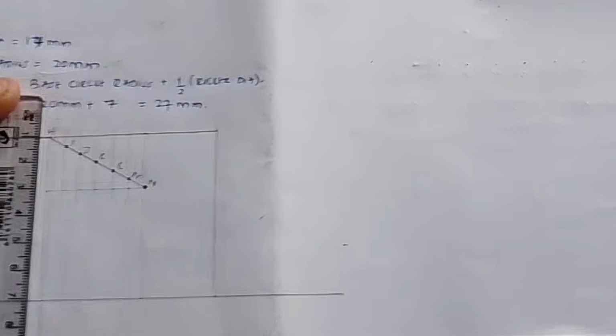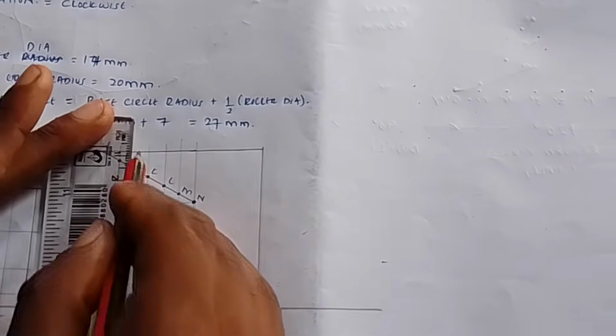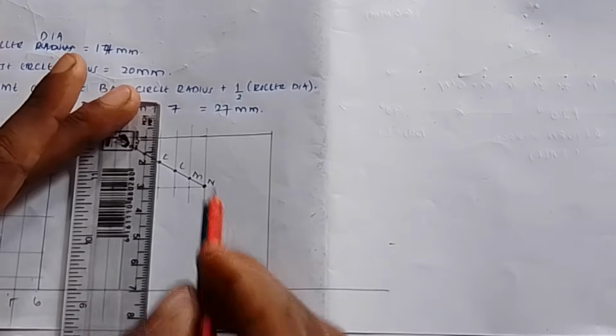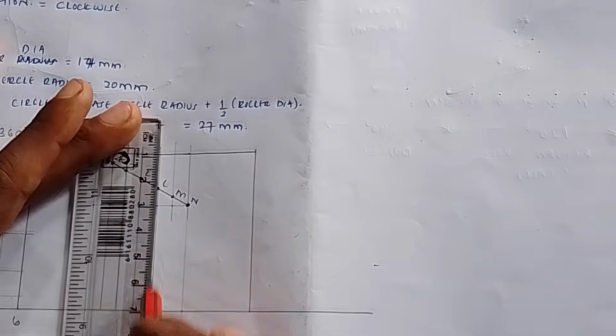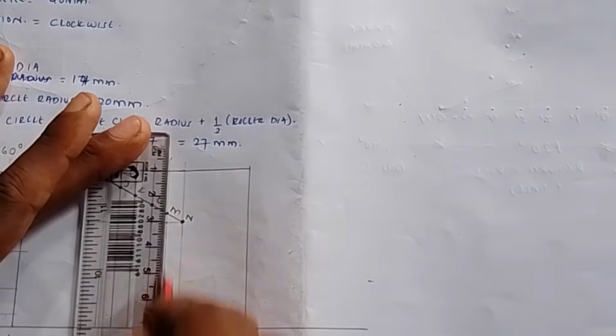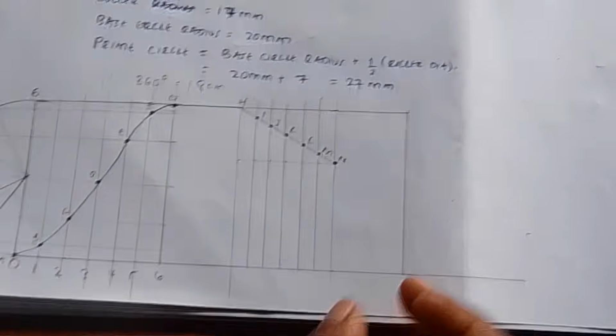This is the dwell. You can also project these lines downwards, please, because when you're drawing your cam profile, you will have to measure using your compass, so you can always project them downwards like that. Then from there, this is dwell.